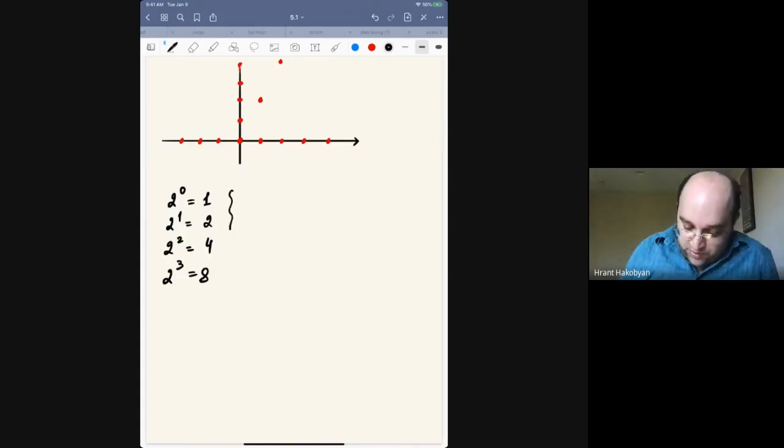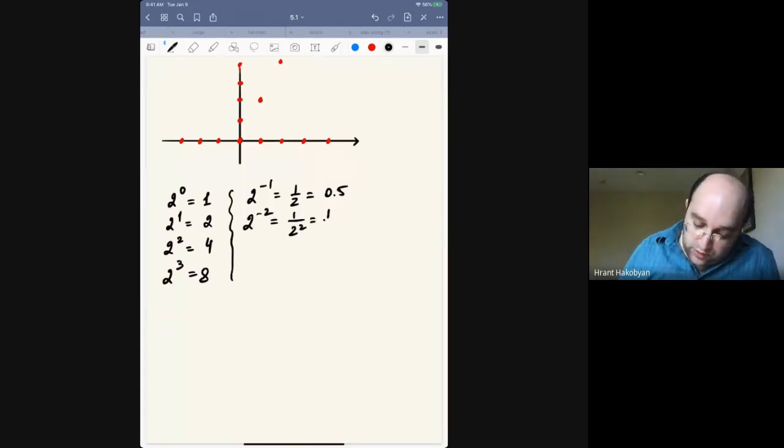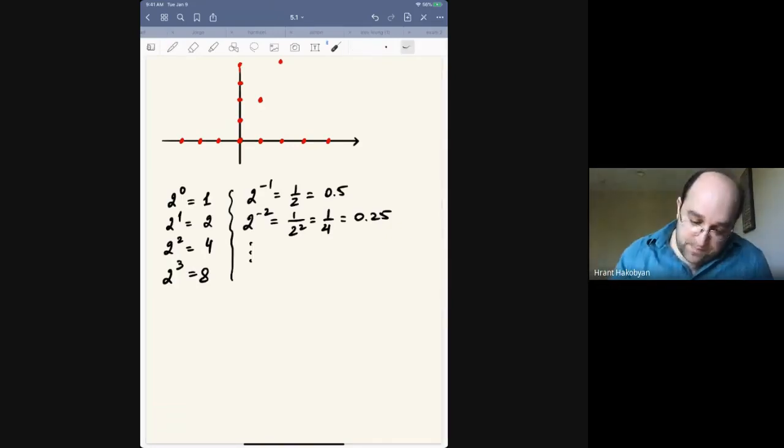For negative numbers, 2 to the power negative 1 is 1 half, or 0.5, and 2 to the power negative 2 is 1 over 2 squared, which is 1 quarter, or 0.25, and so on. So the picture looks like this: at 0 I have 1, at 1 I get 2, at 2 I get 4, and at 3 I get 8, which is not in this picture anymore.